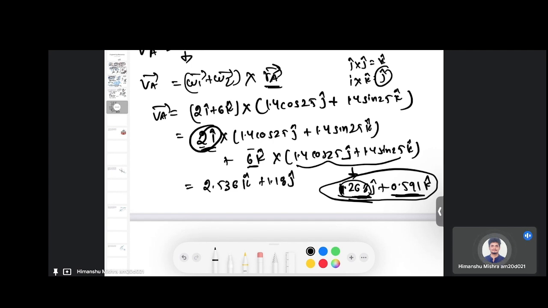j. Similarly, 6k multiplied by this one shall give you 7.59 magnitude, and k into j will be in the i direction, and 6k into 0.591k, so k into k will be 0.